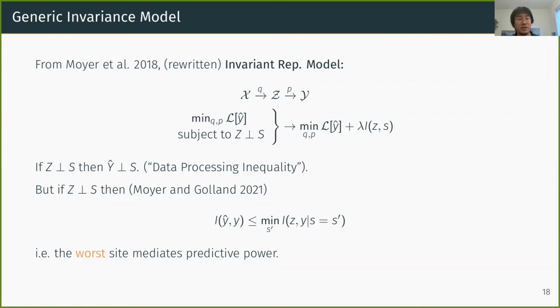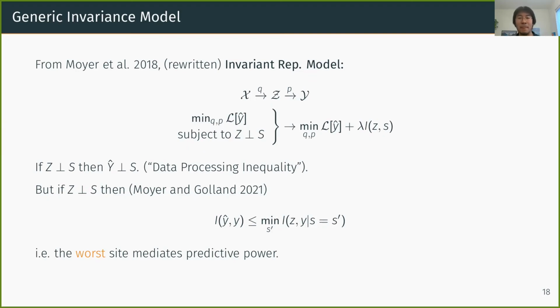But if they actually achieve Z orthogonal to S, so if they actually make our representation invariant, then the amount of predictive power they have is bounded by the worst site. This is okay if we only have two sites and they're relatively similar, like Biobank and HCP, which are both great scanners.